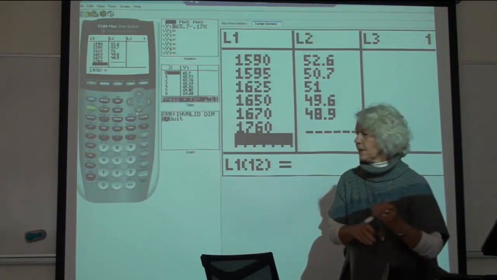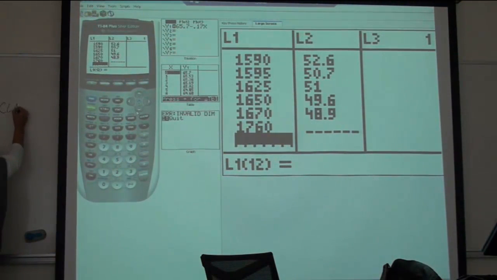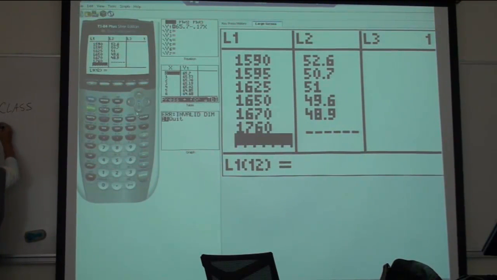So we would have done something like this. We would have written that the class was going to be 1400 to 1500, 15 to 16, 16 to 17, and if I stop there, I won't be exhaustive, right? Because I have one salesman that made over 1700, so I need one more class. So 17 to 18.